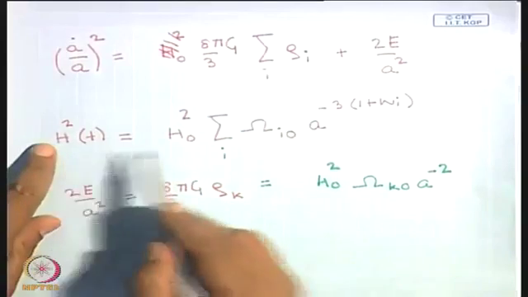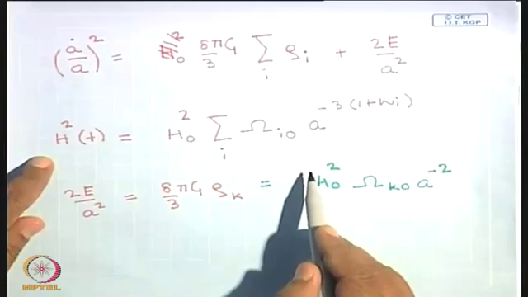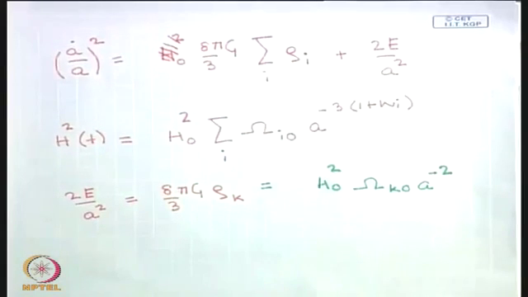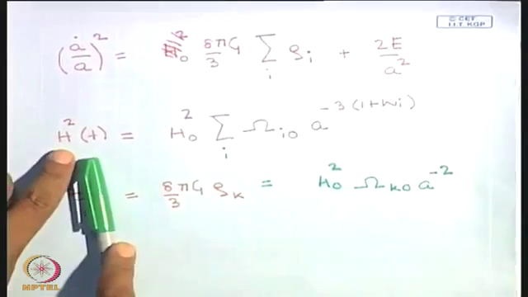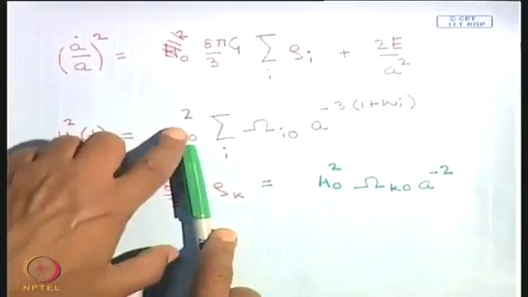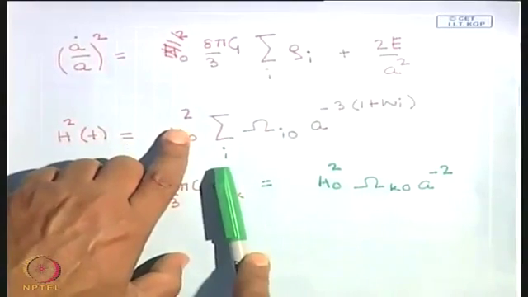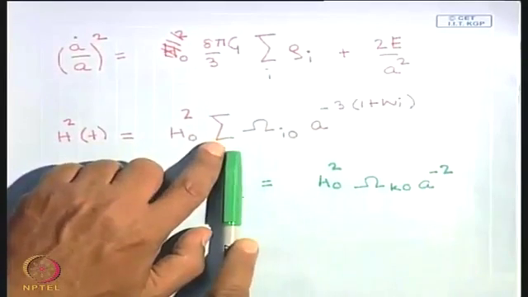With this, now this is the entire equation, the first integral of the equation that governs the dynamics. Now if you take this equation and look at it at present, you are led to the relation that H naught squared is equal to H naught squared into this, which essentially tells us that at present this term must be 1.